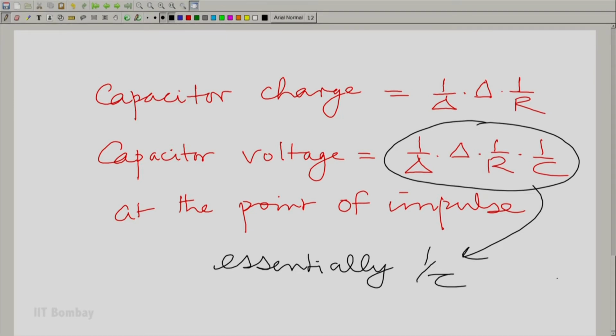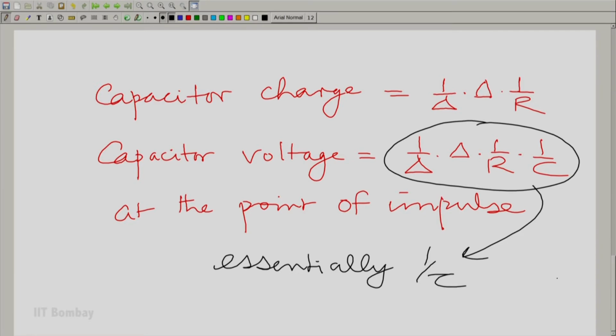So, now we know what happened. There was a charge suddenly pumped into the capacitance, so it caused the voltage to jump. That charge was equal to 1 by R. Go back here, in fact you can see that the charge is 1 by R irrespective of delta, even as delta tends to 0. The voltage is therefore 1 by RC, that is 1 by tau.